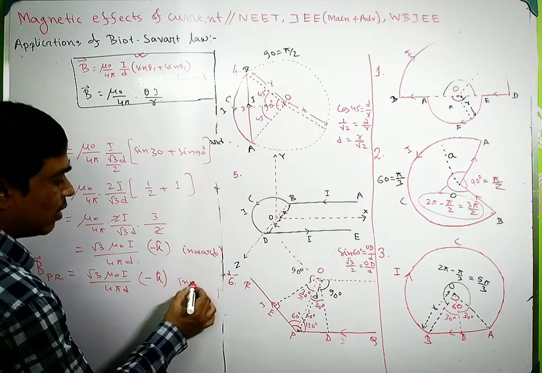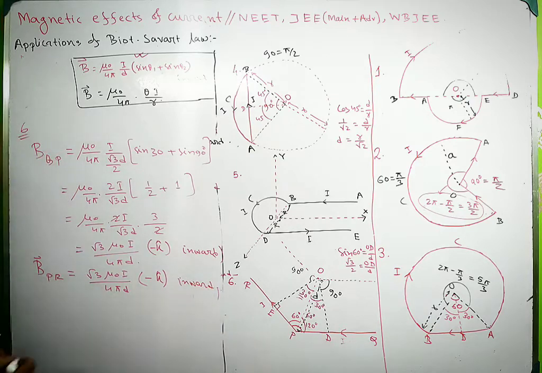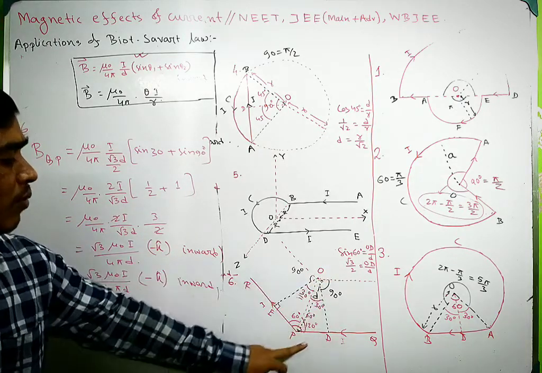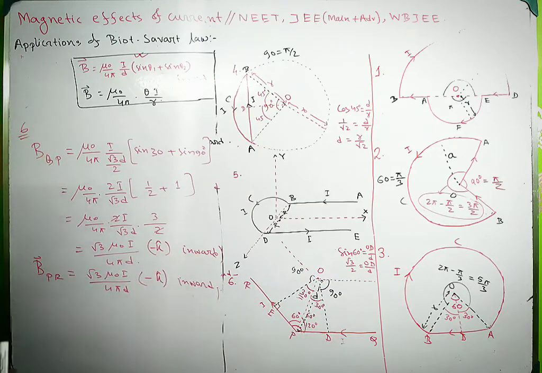This is inward. So if you add these two values, you get the total magnetic field at point O for this structure.